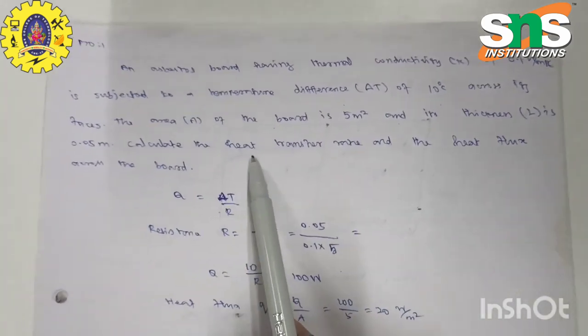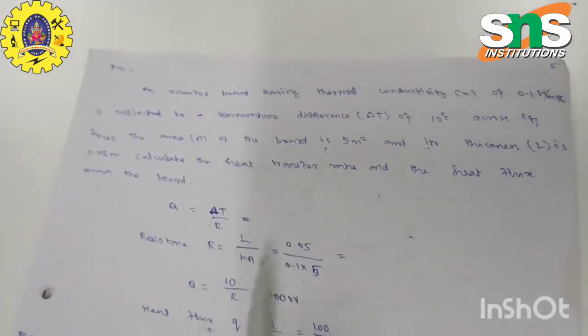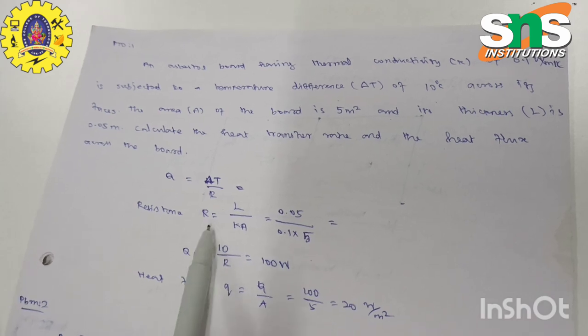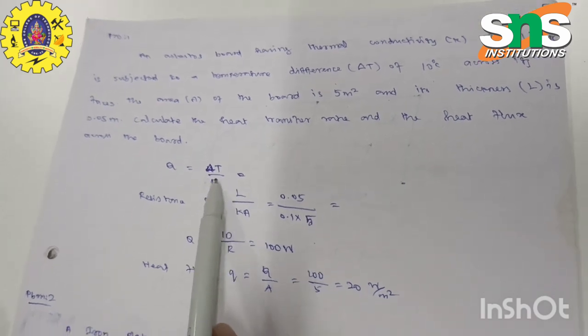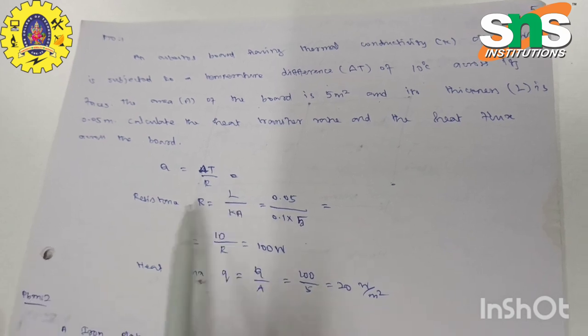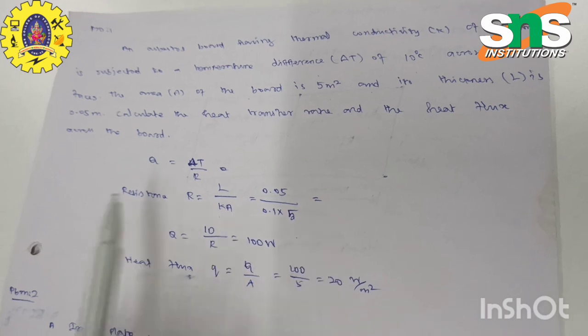Here we need to find the heat transfer rate. So Q is equal to del T by R, and the resistance R is equal to L by KA, where L is the length, K is the thermal conductivity and A is the area.